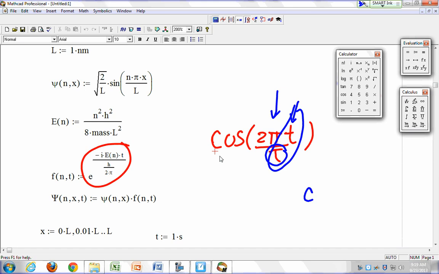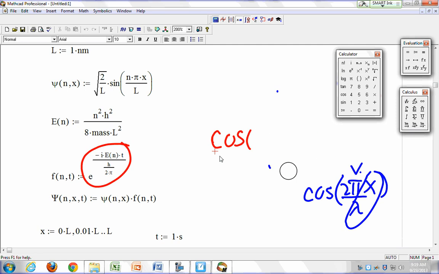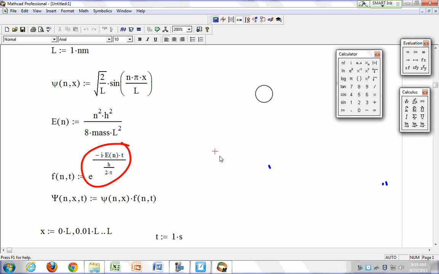And if you have something like cosine of something times x, it's best to write your coefficient there as 2 pi over lambda. Because when x changes by an amount equal to lambda, the thing inside is going to change by 2 pi. So I'm going to write it as cosine, e to the i 2 pi over tau.